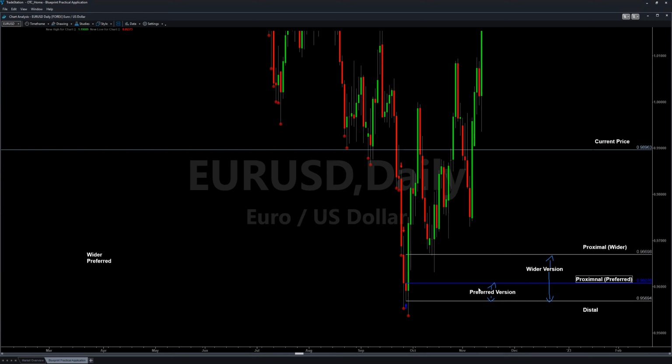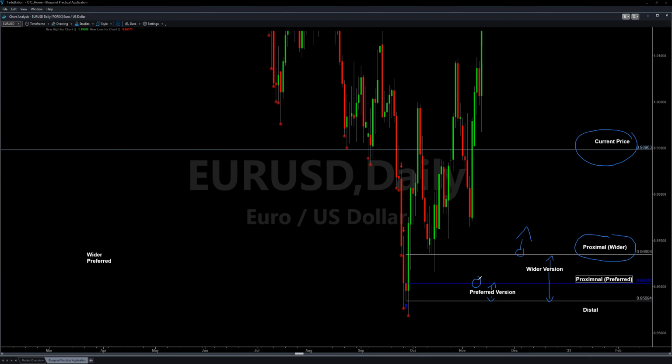We see what is the difference? The difference is we decrease our zone, and that means if we want to buy here, we will increase our profit margin. Of course, the probability to be filled is definitely better on the wider version, because the proximal is close to the current price.